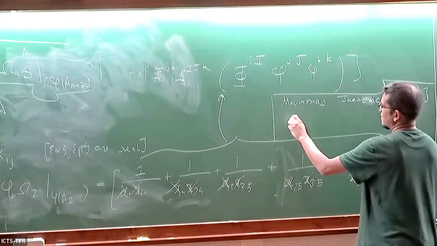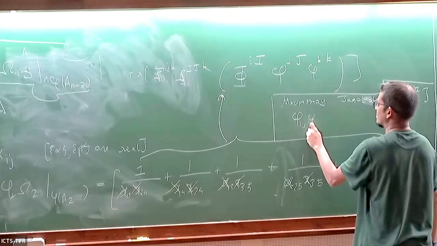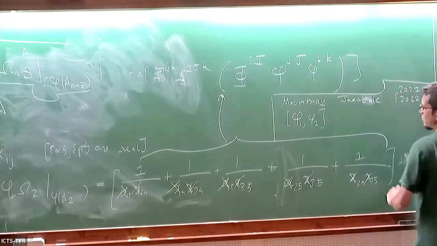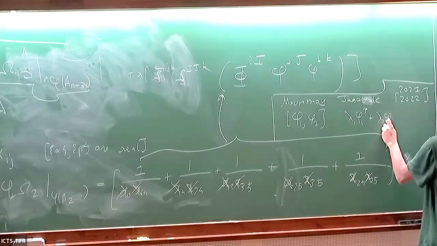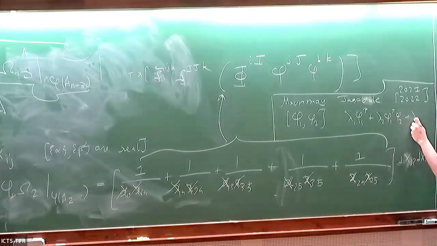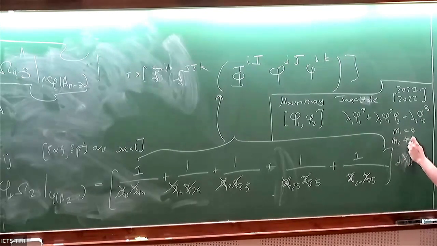And you consider, once again, colored scalars, but consider two of them, phi1 and phi2. And then you look at the following interaction, where phi1 is massless, and let's say phi2 is massive.